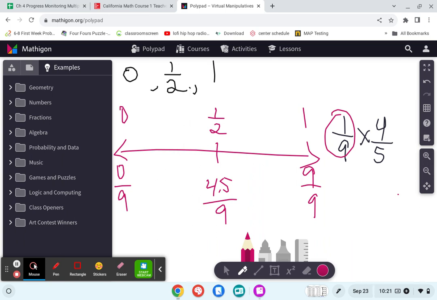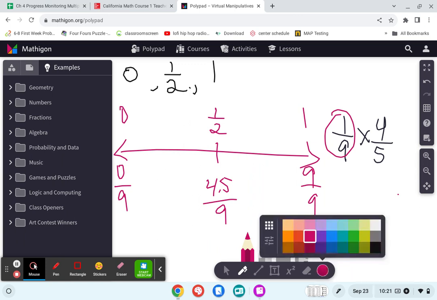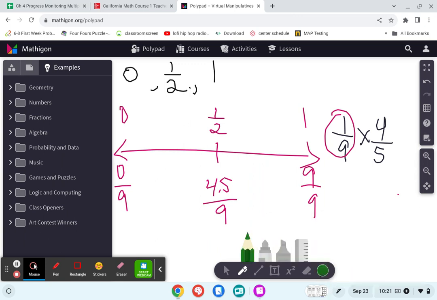If I had to break this into 5 parts, this same number line, and usually I would use a double number line to show you, but I'm going to go ahead and use this here. If this was 5 over 5 and this was 0 over 5, halfway would be 2.5 over 5. What is 4/5? Where is that on this number line? 4 over 5 would be close, right? Right about here. This would be 4/5.